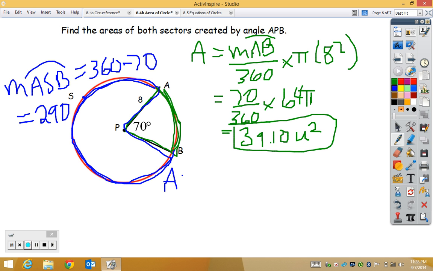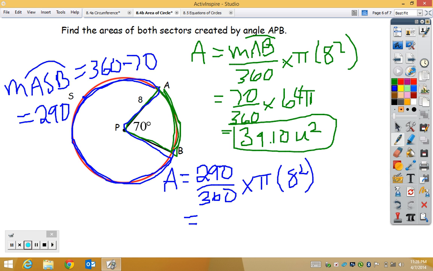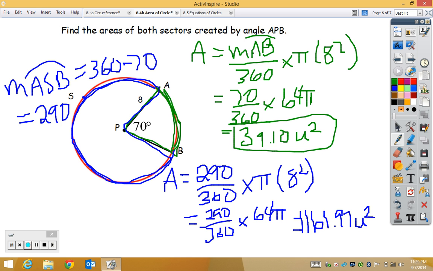So the area of this one equals 290 divided by 360 times pi times 8 squared. Again, we have 290 over 360 times 64 pi. Multiply that through, and we get 161.97 square units.